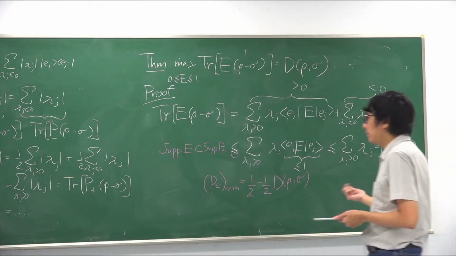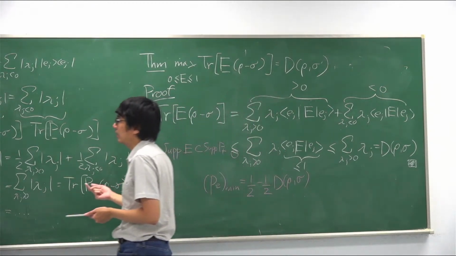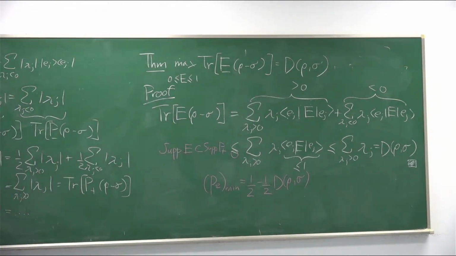Right. So if rho and sigma are orthogonal, all the positive eigenspace would be the contribution of rho, and all the contribution of sigma would be the negative one. Can you, is it clear?